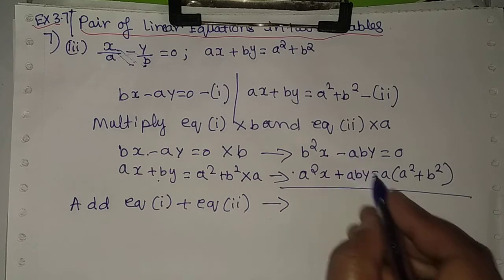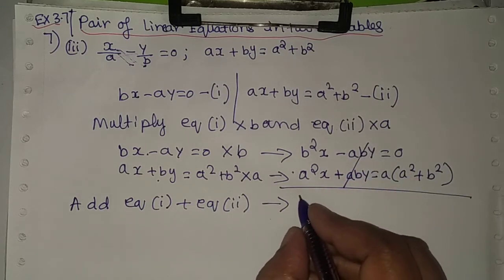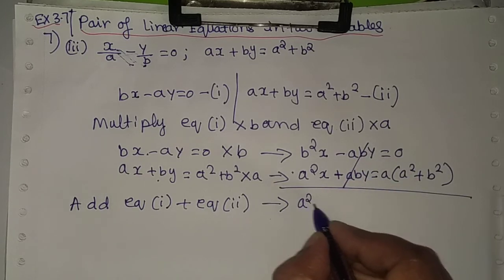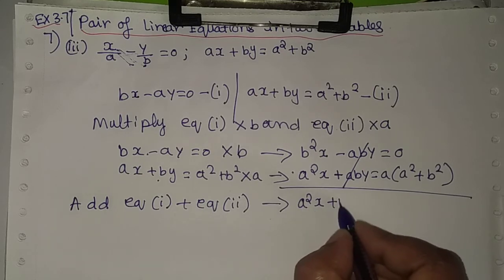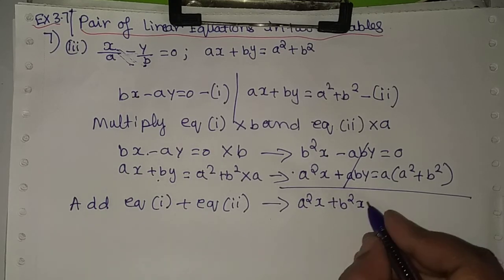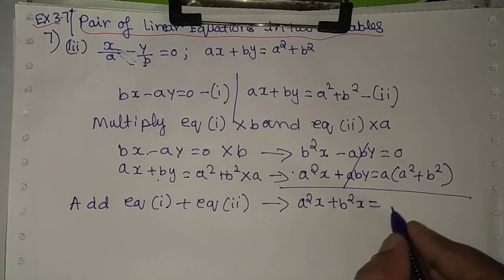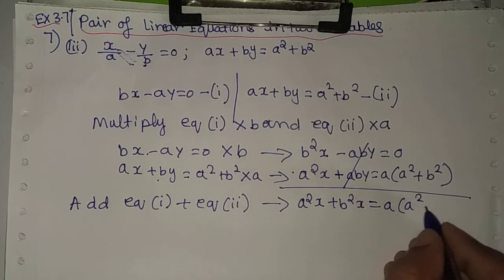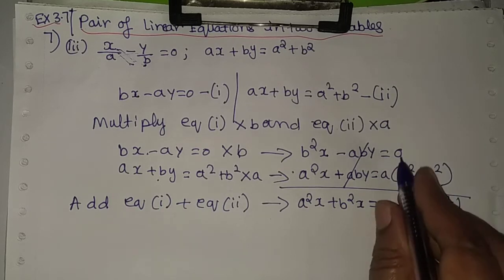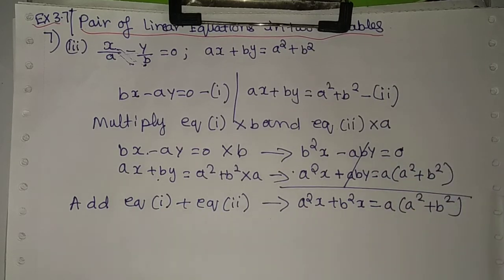So adding these two, what happens, these two get cancelled, then we get a square x plus b square x. Then write down this a square plus b square. Since here 0, nothing is there, just write down this.